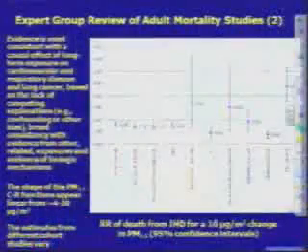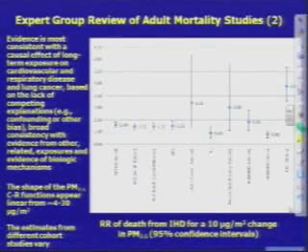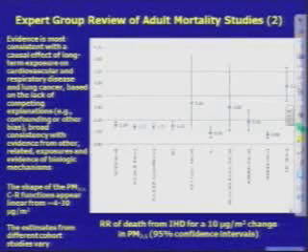the first bullet here gives the bottom line of the review that we did. In the view of our expert group, the evidence is most consistent with a causal association or causal effect of long-term exposure on cardiovascular, non-malignant respiratory disease, and lung cancer.